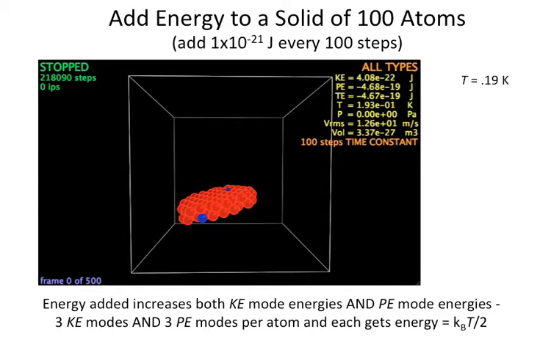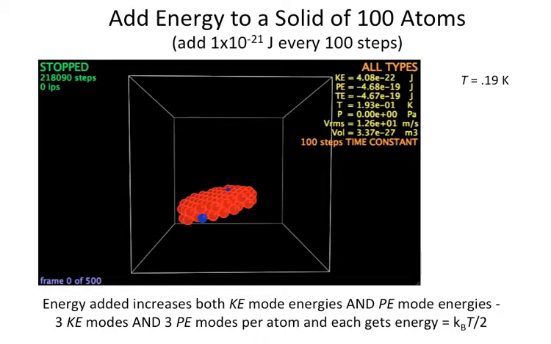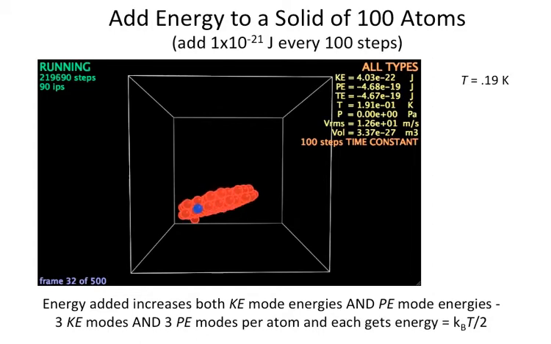In any case, I'm going to do the same thing. I'm going to start this simulation, and every 100 steps I'm going to add 1 times 10 to the minus 21 joules. So let me start it up, and we'll see the temperature change every 100 steps. So it's at 0.19, coming up on 100 steps where I add the first.